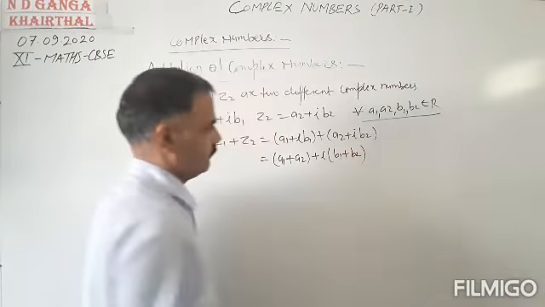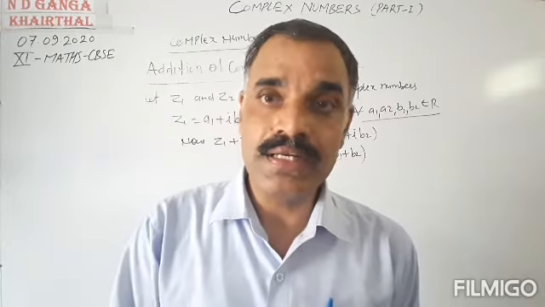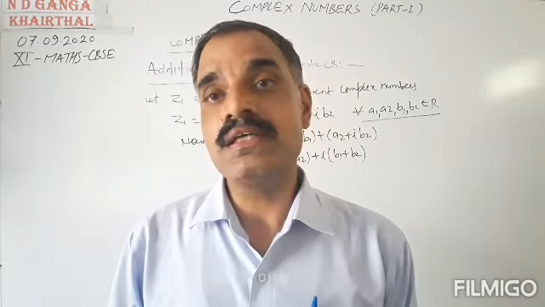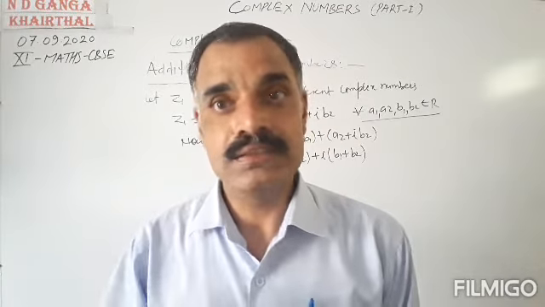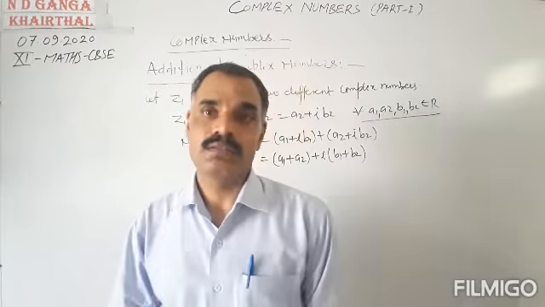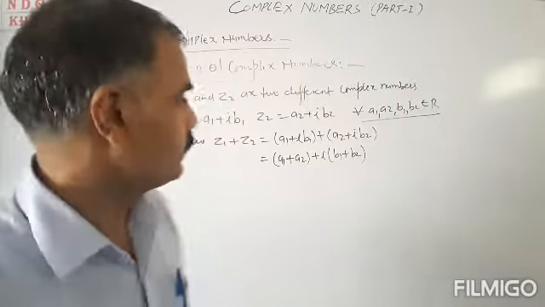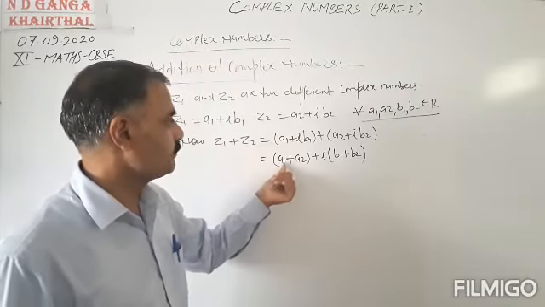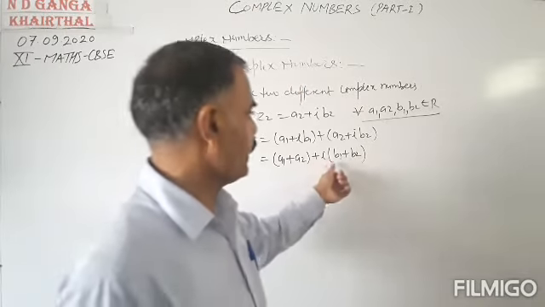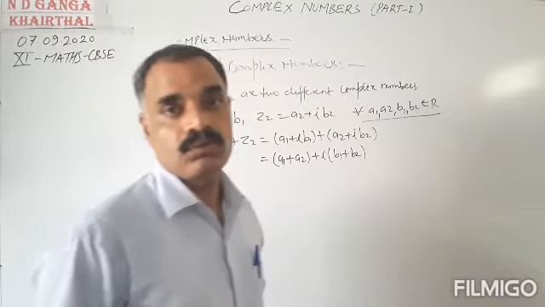Real part is added to real part and imaginary part is added to imaginary part. So z1 plus z2 is equal to a1 plus a2 plus iota times b1 plus b2.